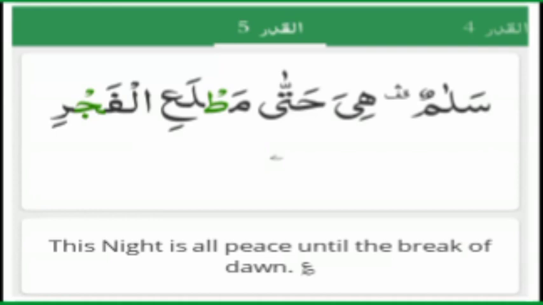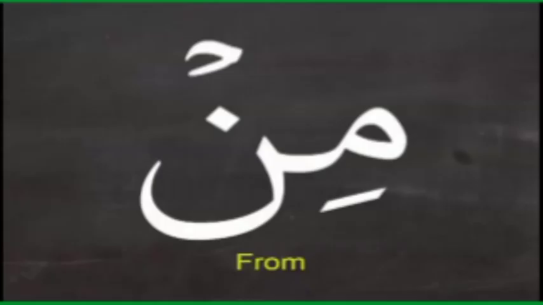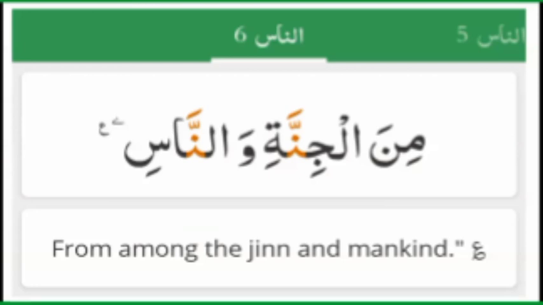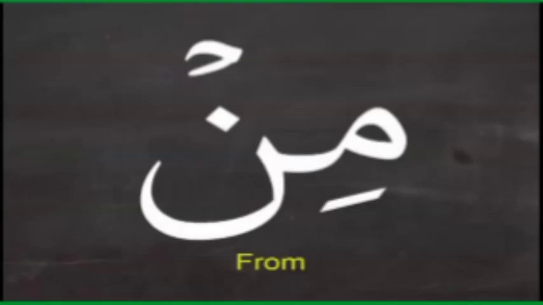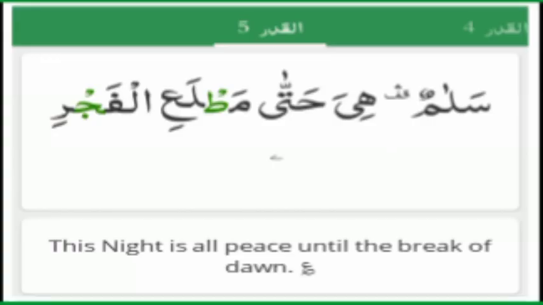So it is referring to a time. The word hatta can be used for time or place, both of them. I have not shown examples of place, but in the regular sessions when we studied these, we had many more examples showing that hatta can be used for time or for place.